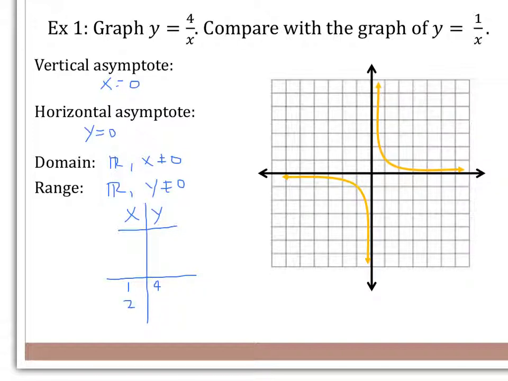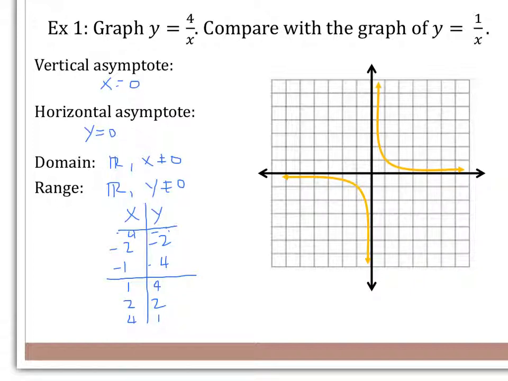If x is 2, y is 2. If x is 4, y is 1. It's going to be the same but opposite, with the opposite signs on the other side: negative 1, negative 4, negative 2, negative 2, and negative 4, negative 1. These are pretty easy to plug into.